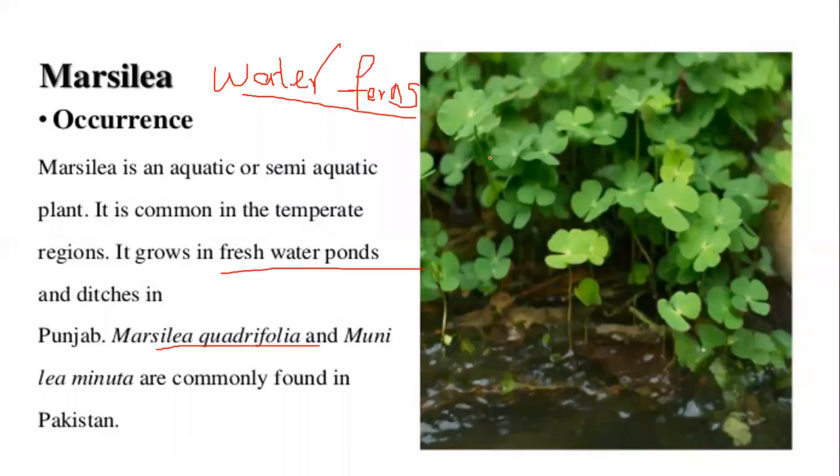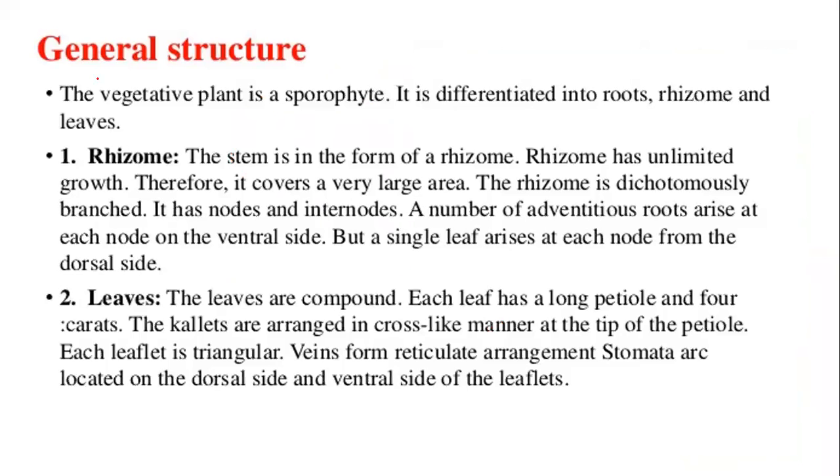You can see this plant has four leaflets. So based on the structure of the leaf, the species name is quadrifolia, Marselia quadrifolia.